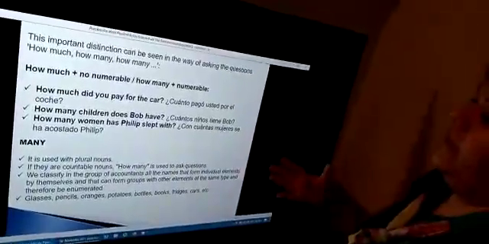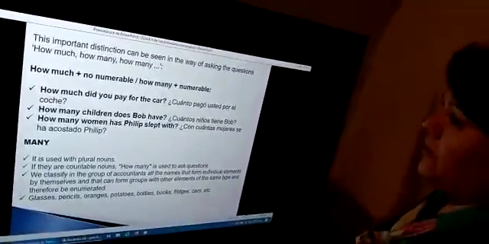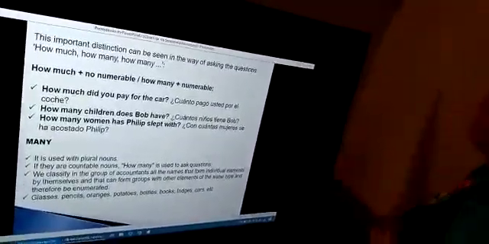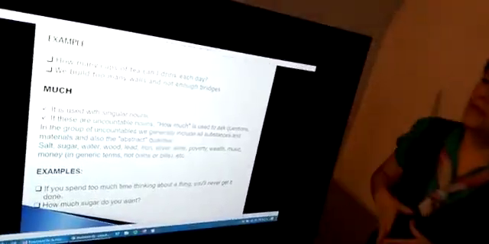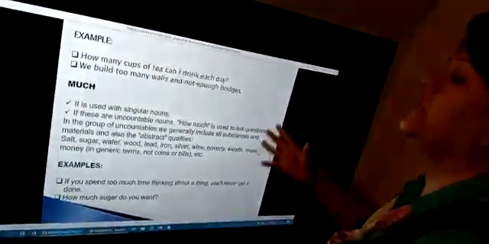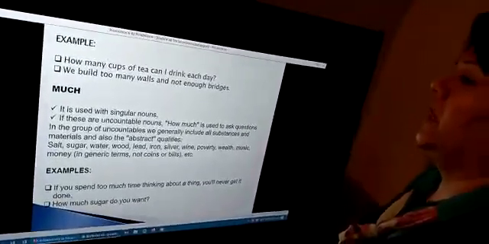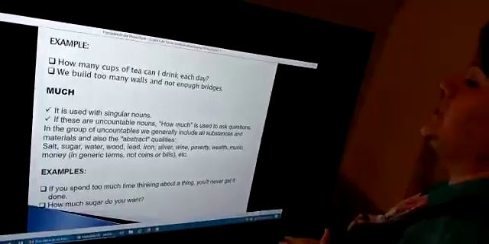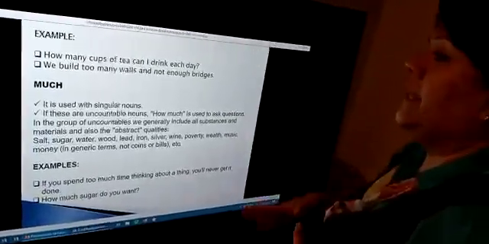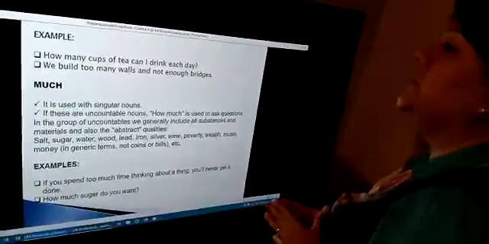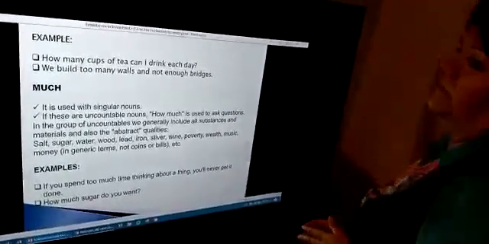Okay? And this is how to use many, or how many. Next example. Right here the example is, how many cups of tea can I drink each day? The next is, we build too many walls and not enough bridges.